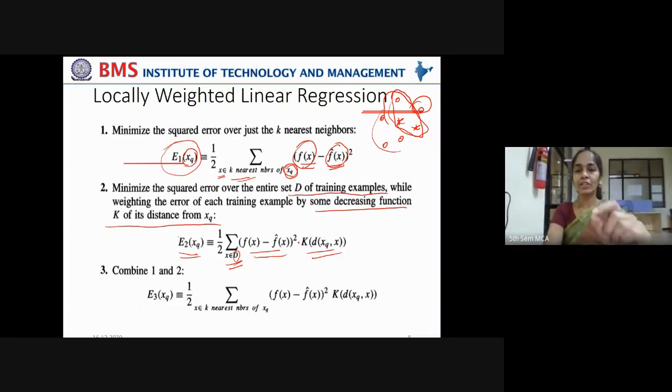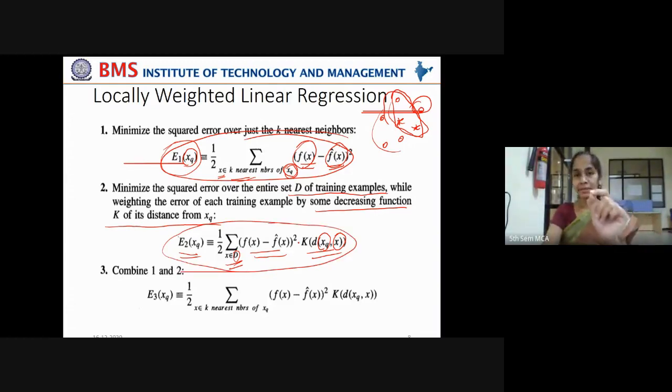You are adding a function k, which is a representation of the distance between the new instance and the existing instance. So we are minimizing the error over the entire set D while weighting the error of each training example by some decreasing function k of its distance from x cube. In the earlier case you considered only k nearest neighbors, but in this case you are considering all the training examples, adding the distance measure.